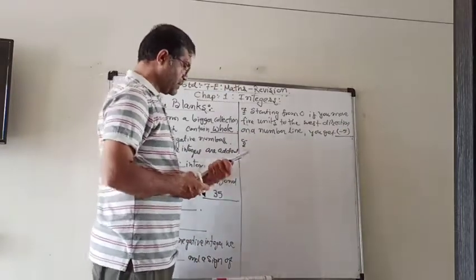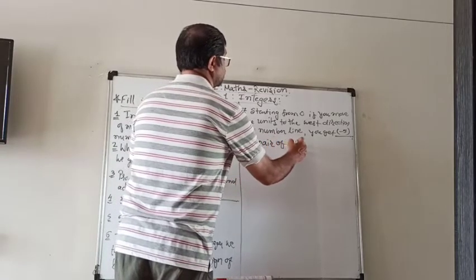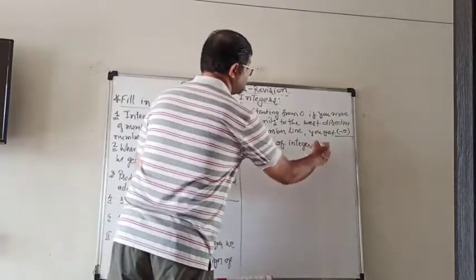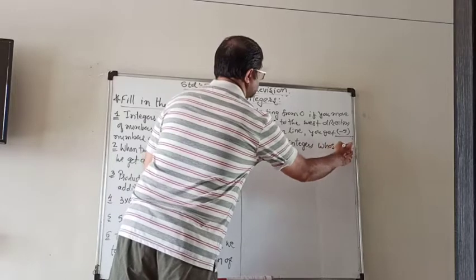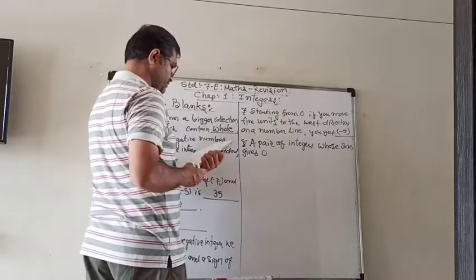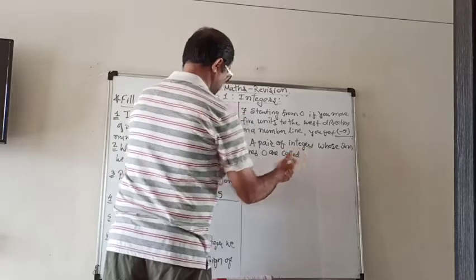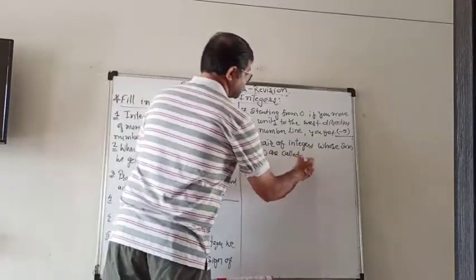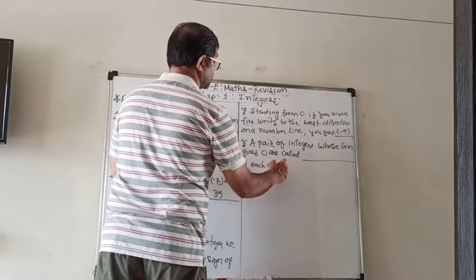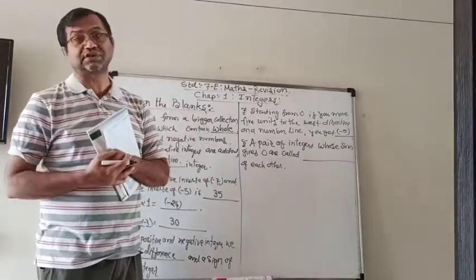Eighth one, a pair of integers whose sum gives 0 are called blank of each other. So now when we add two integers, the answer is coming 0.